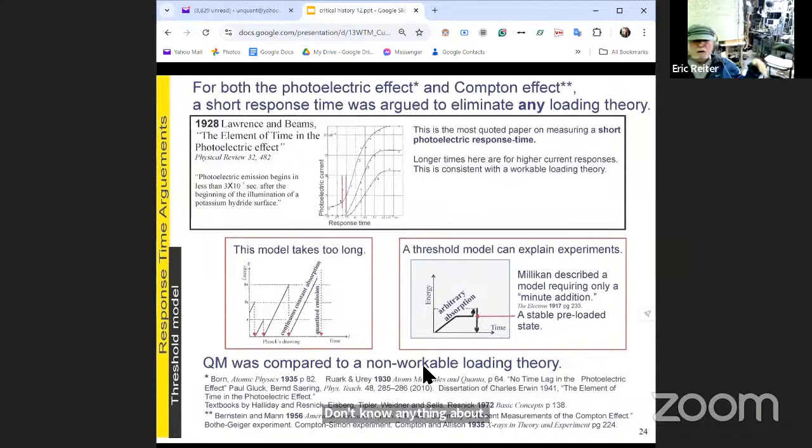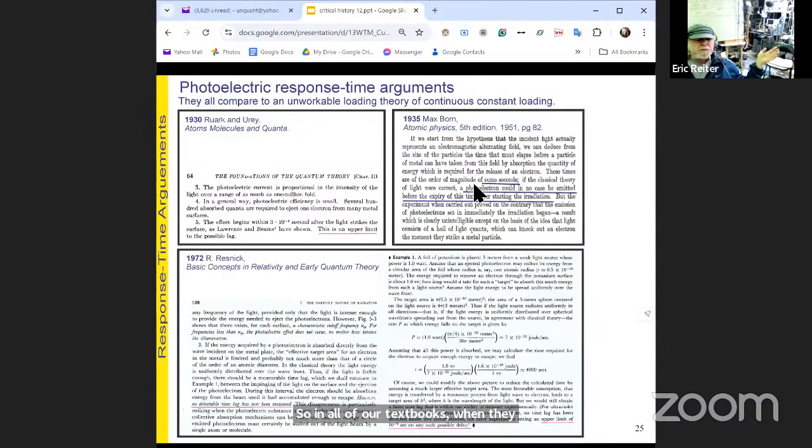So in all of our textbooks, when they compare this, and I put them here for your reading later, about what's in famous books from famous people and in our textbooks, and all the rest of the textbooks do this, to show as an example that by just looking at the time response in the photoelectric effect, they say it's impossible for any loading theory to be workable.